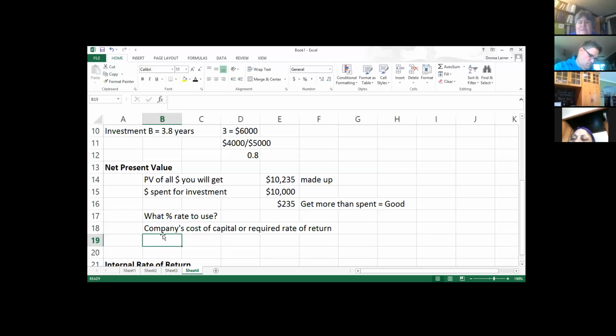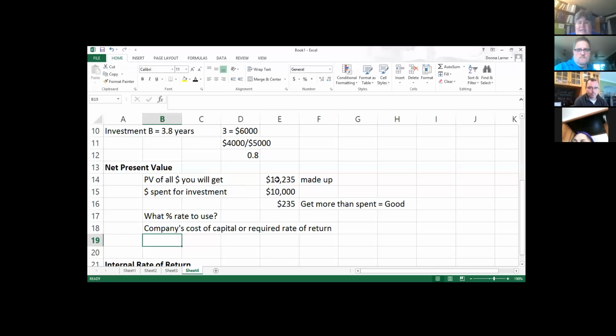The company's going to want a number. I want projects to give me at least a rate of return of this. They have some number. It's probably based on their cost of capital, but the problem will tell you the company's required rate of return is, and they'll give you a percentage. That's what you use in the present value calculation.